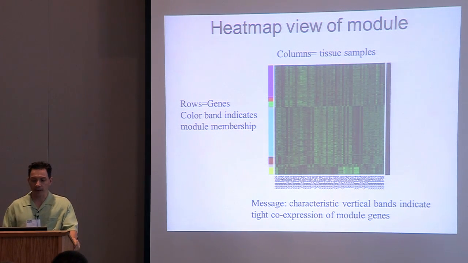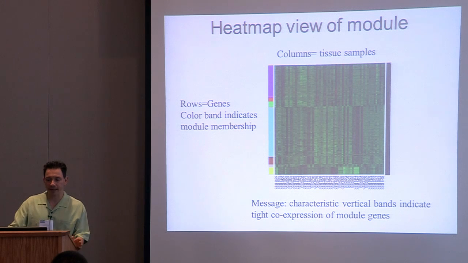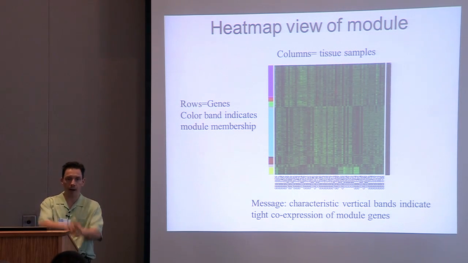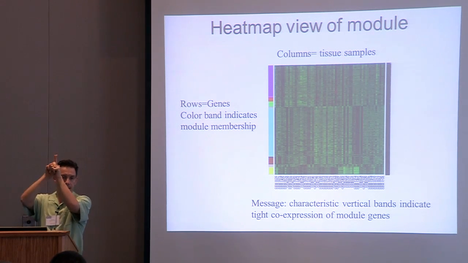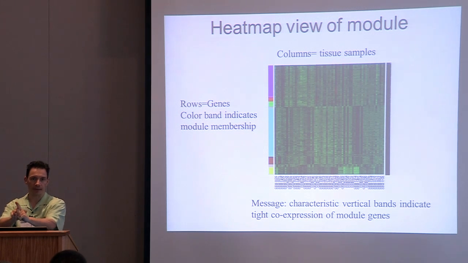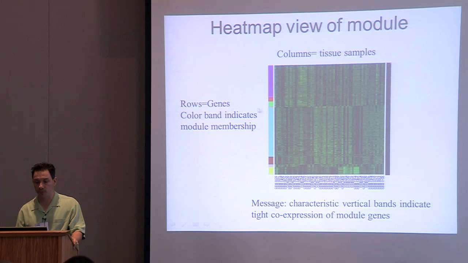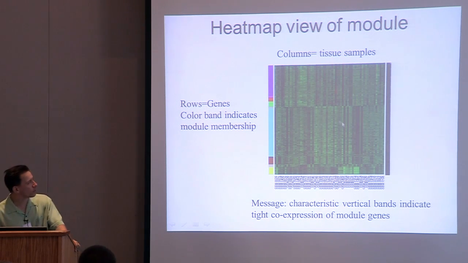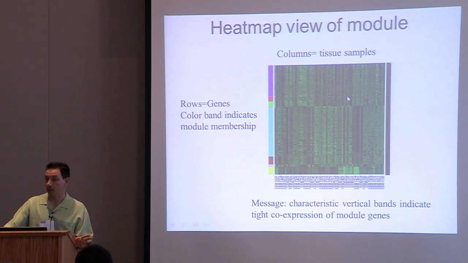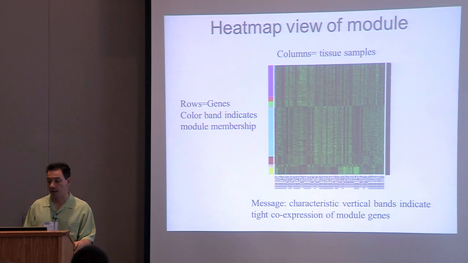And so why do we see these bands? Well, it indicates that genes go up together in some people and they are down in other people, right? Meaning these genes are co-expressed. That's of course no surprise, because if you have a module, then by definition the genes are co-expressed. These are co-expression modules, so you see these bands. And when you look at this heat map, that looks good to me, meaning that these modules are biologically meaningful.